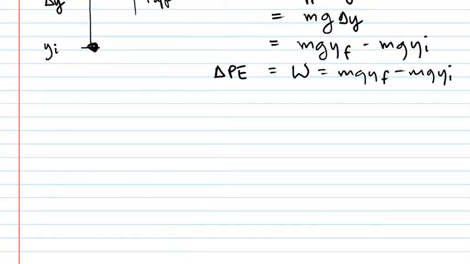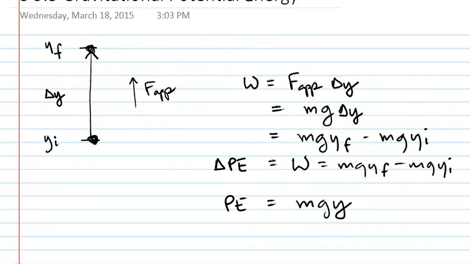And with these terms being similar in form, it seems reasonable to give them a special name, kind of like we did with kinetic energy a section or two back. If this is the change in the potential energy, then it seems reasonable to call the gravitational potential energy itself mgy. And that's the potential energy of an object in a gravitational field due to the gravity.